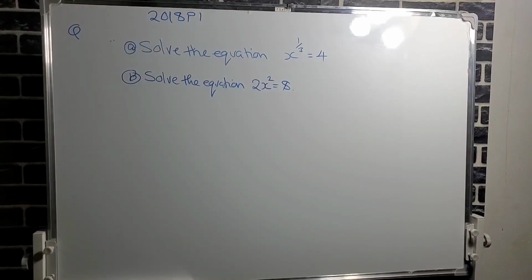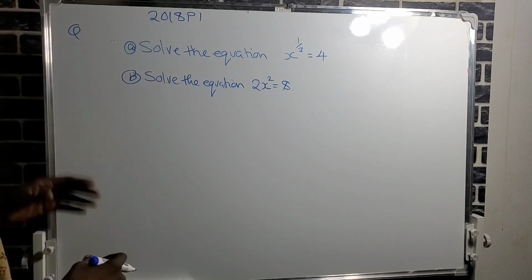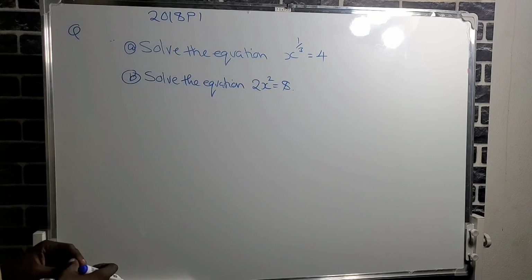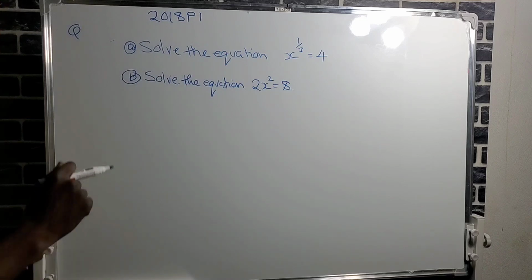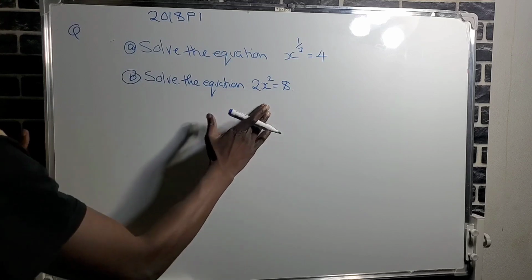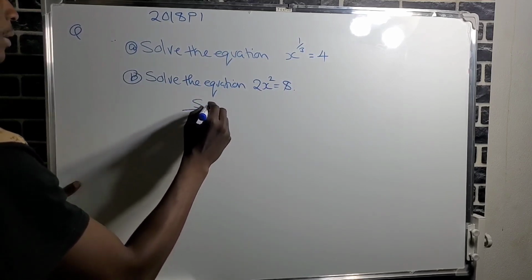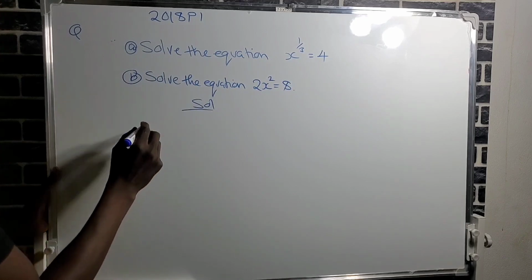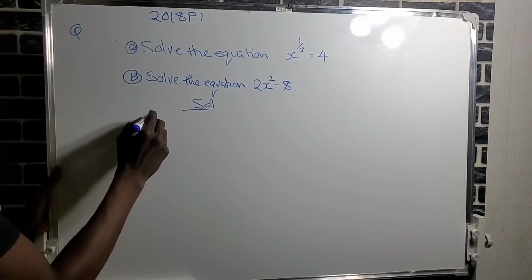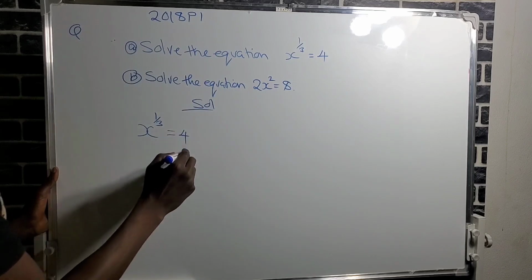So guys, still in 2018, these are all equations that are in 2018. The other one is 3b cosine 13a and the other one cosine 22a. Now, these are equations involving indices. Equations involving indices. The first one is x raised to the power 1 over 3 is equals to 4.